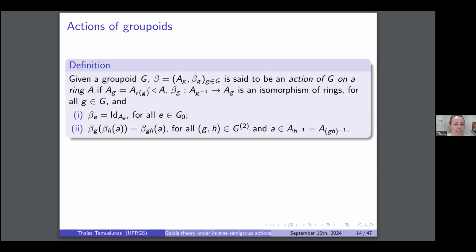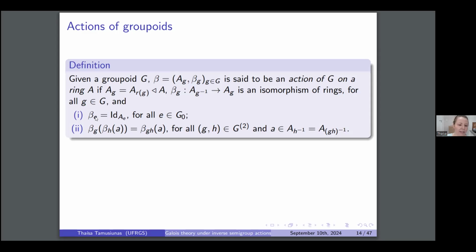Given a groupoid G, beta is said to be an action if it is a collection of ideals and isomorphisms between these ideals, where A_g equals A_{r(g)}, the range of g. They are both ideals of A, and each beta_g is an isomorphism of rings between these ideals.